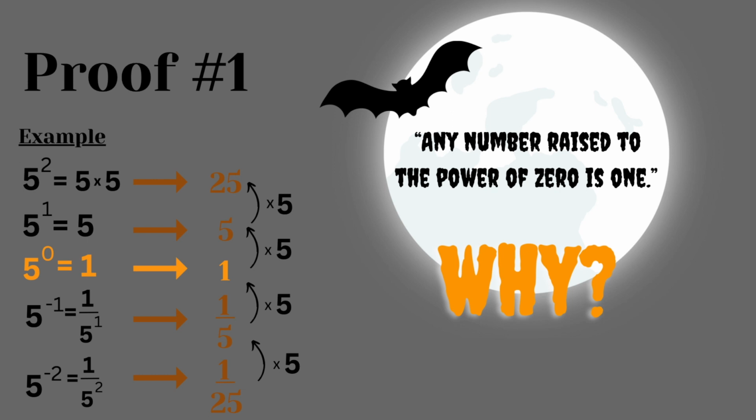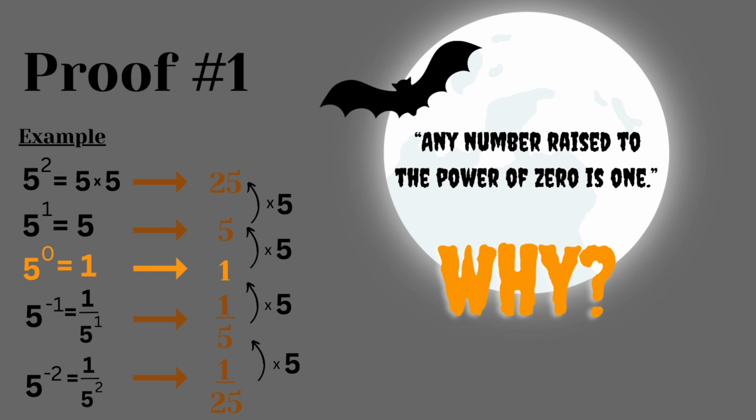If we look at the products of all of this, we see that when we multiply by 5, we get the next answer. So 1 over 25 times 5 is 1/5, then 1/5 times 5 is 1, and then 1 times 5 is 5, and 5 times 5 is 25.